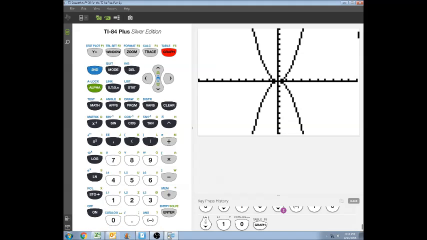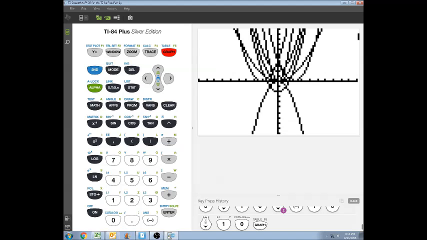This is going to graph every single function that I just put in there, so it's going to graph 1, 2, 3, 4, 5, 6, 7, 8 of them. Now, as you can see, that's kind of a mess. Pretty hard to figure out what's going on.